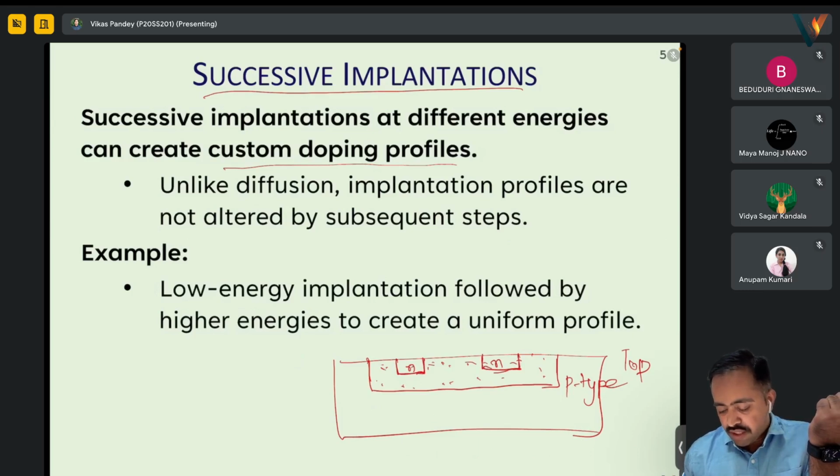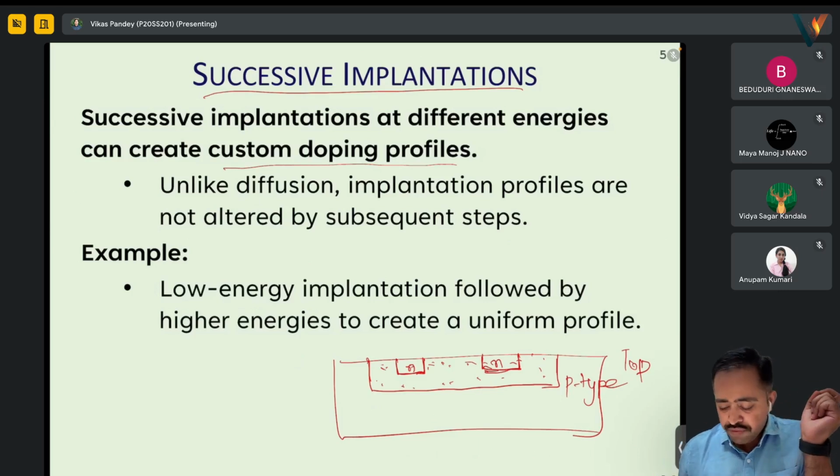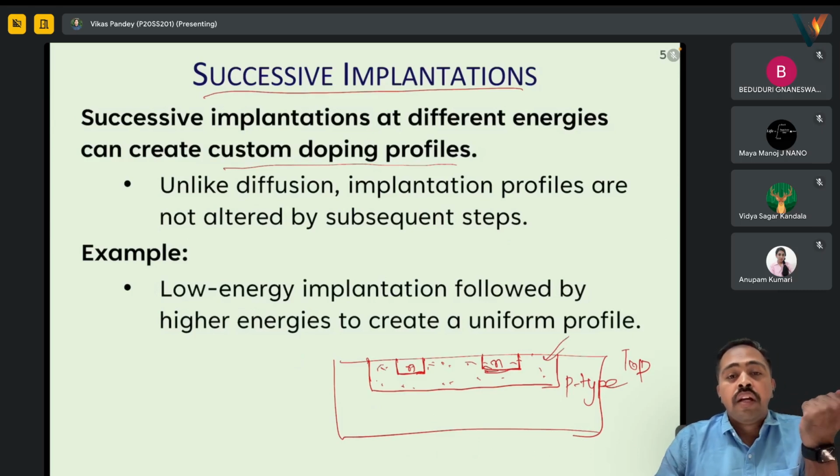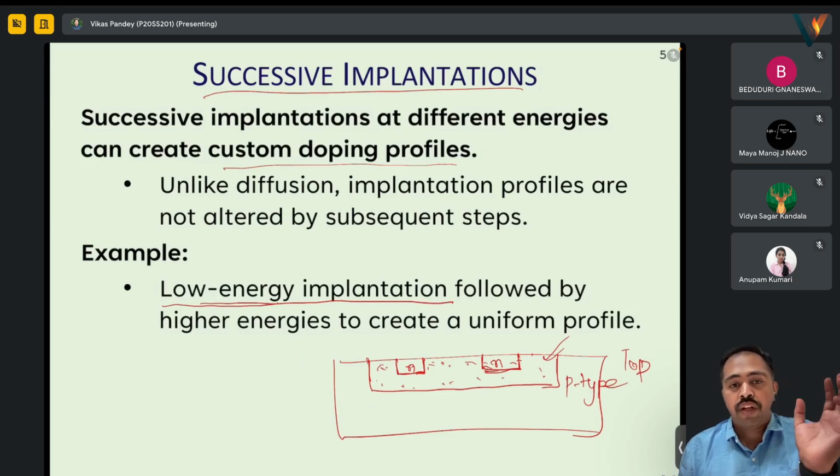But while making this N type, we don't want the previous P type profile to be disturbed. And how is it done? It is done by first doing a low energy implantation followed by a high energy implantation to create a uniform profile without disturbing the previous implantation.